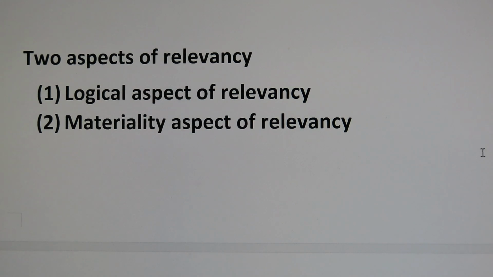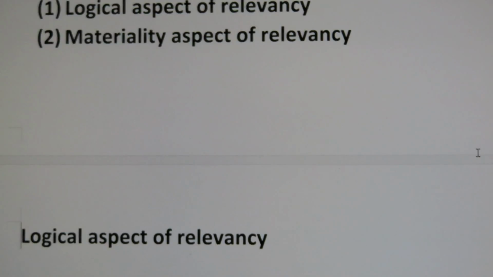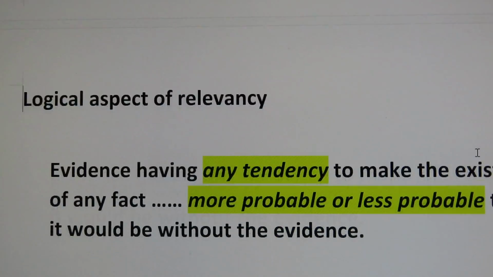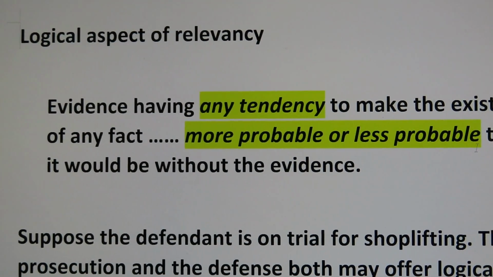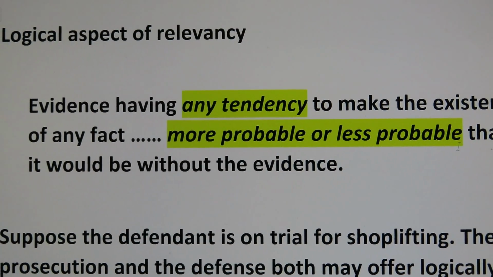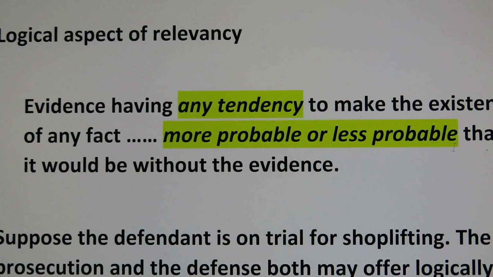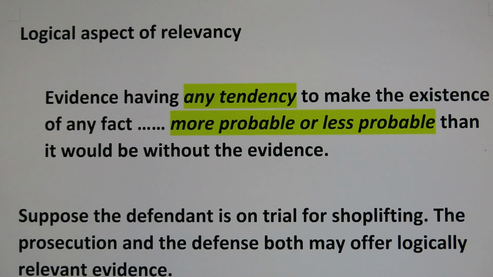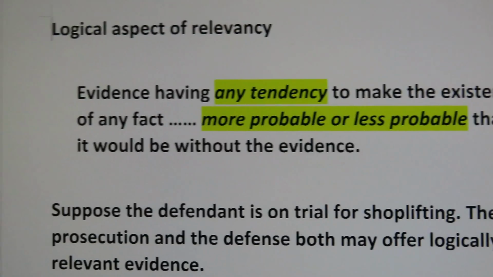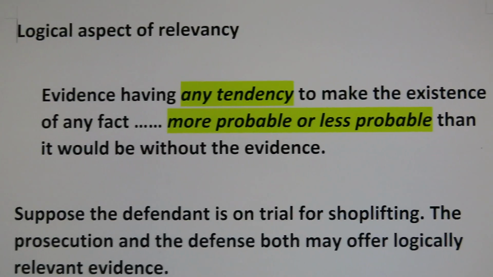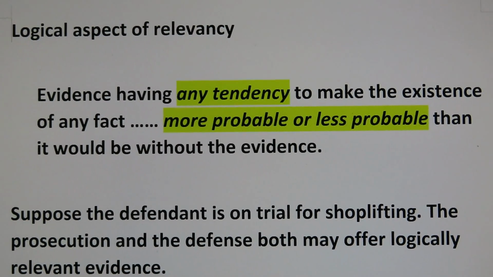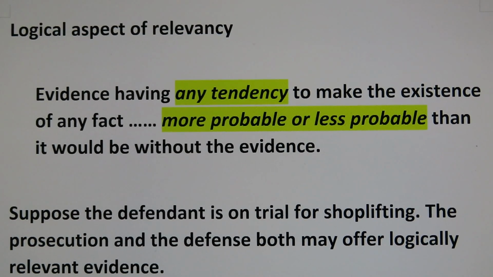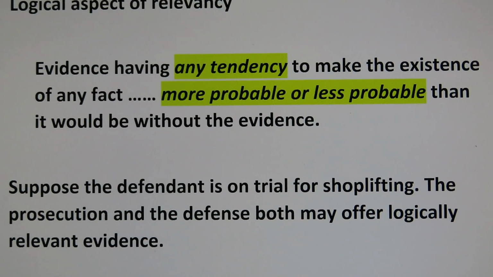So now let's discuss what we mean by these two aspects of relevancy. We first discuss the logical aspect of relevancy. By this logical aspect of relevancy, we mean we have this definition from the Federal Rules of Evidence.